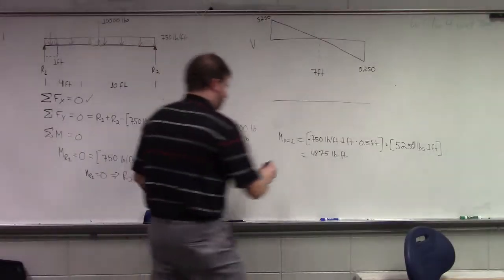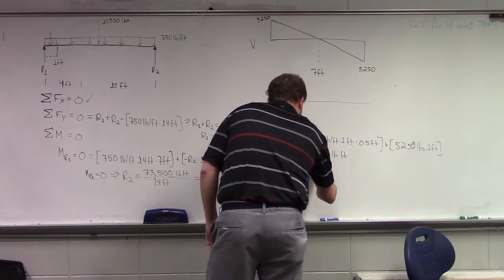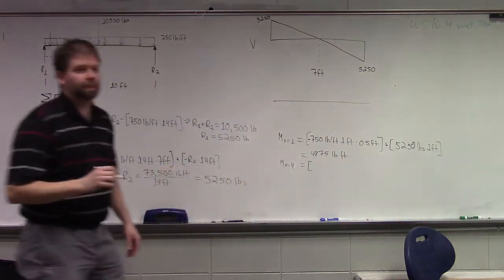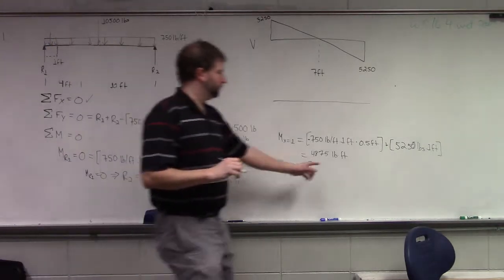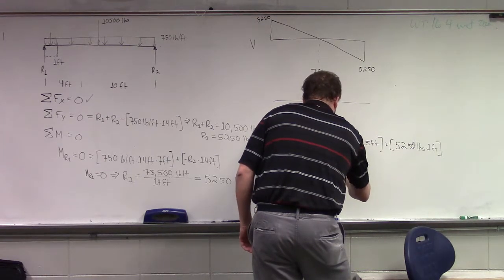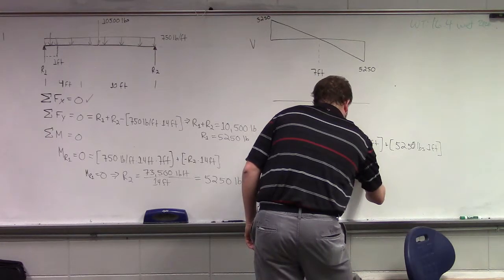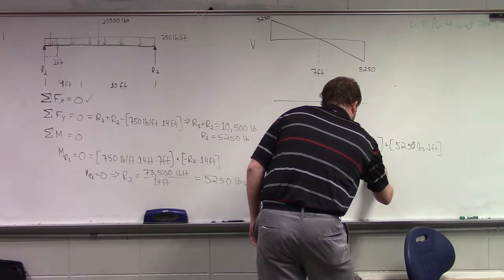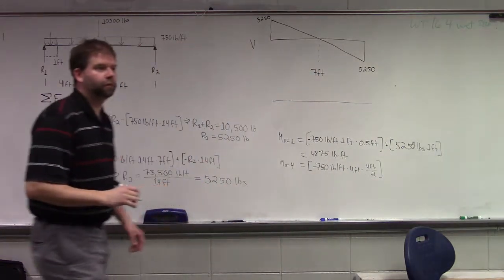How about x equals 4? We just need to plug and chug, right? Negative 750 times 4 times 2, right?